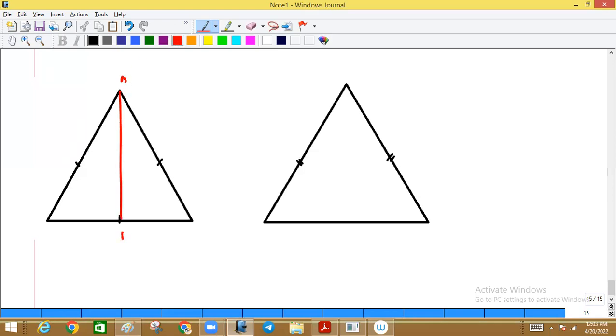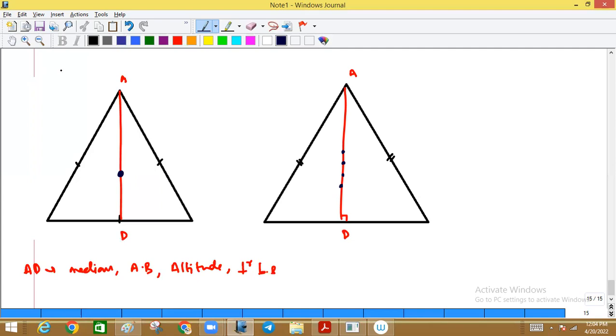If I take A and D, AD is median, angular bisector, altitude, and perpendicular bisector. Here also AD is all four, right? But what is the difference between this AD and that AD? Here, if I draw the centers, the intersection point represents all of them: incenter, circumcenter, orthocenter, centroid. But in this one, the four centers will be different points. You understand the difference?